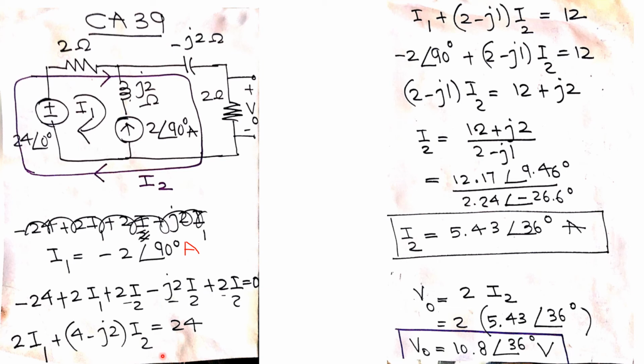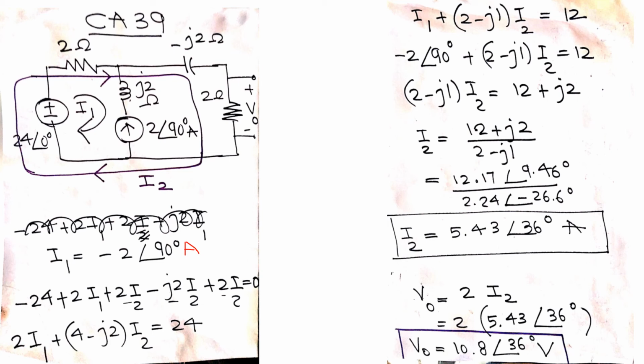this point where we have 2 I1 plus (4 minus j1) I2 is equal to 24, or we can take 2 as a common factor from the left hand side as well as from the right hand side. So this becomes I1 plus (2 minus j1) I2 is equal to 12, and then we have to put the value of I1.